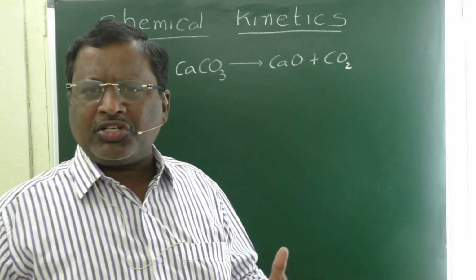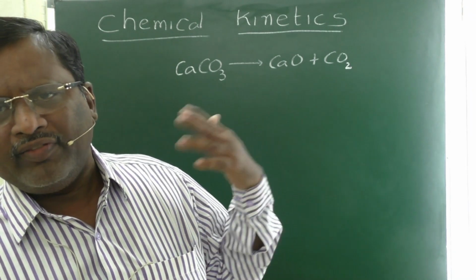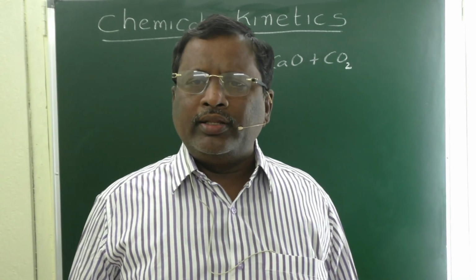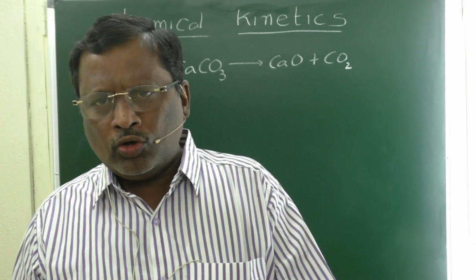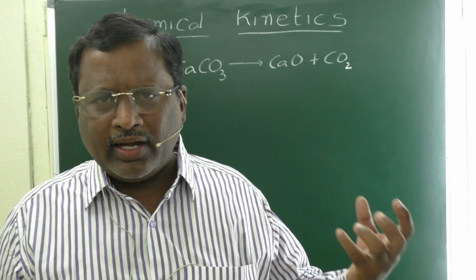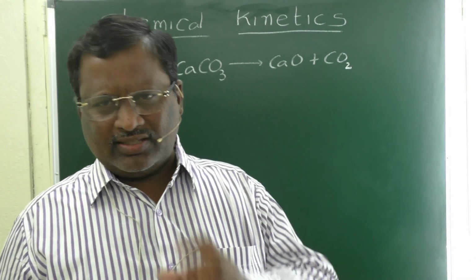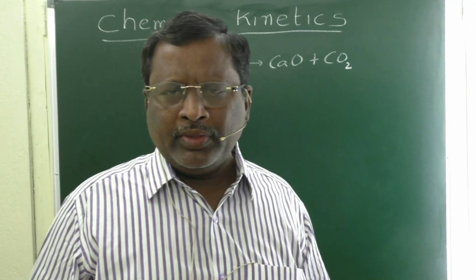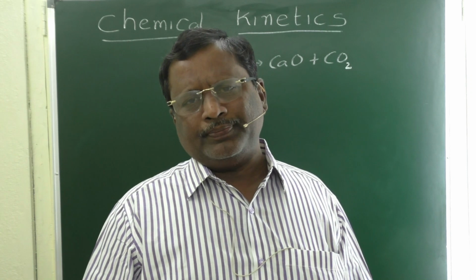The stoichiometry topic which we discussed earlier in your previous class gives us only the information of what amount of calcium carbonate gives what amount of calcium oxide and carbon dioxide. That is the only information given by the stoichiometric ratios.